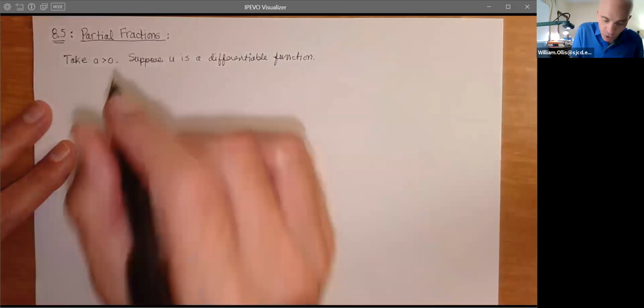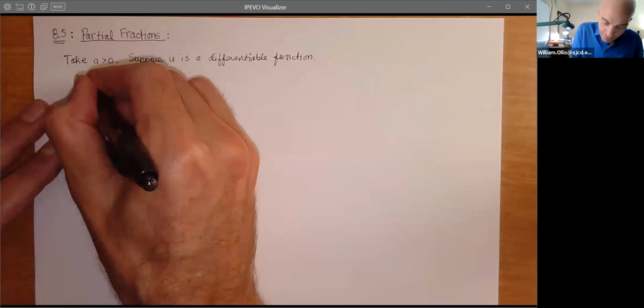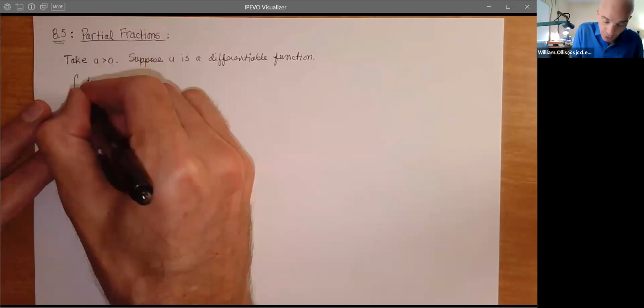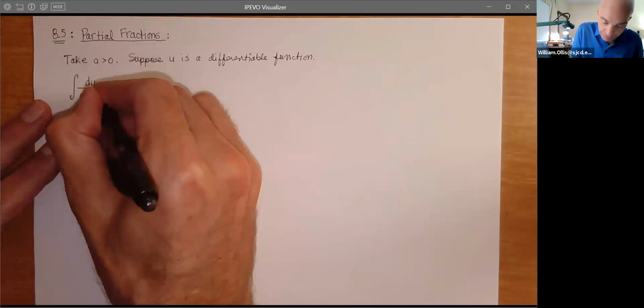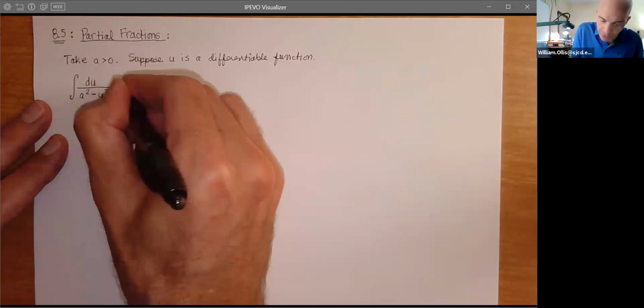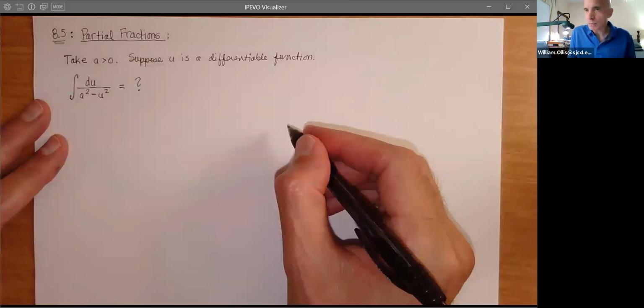So what I want to do is consider the following. Say we had the integral with respect to u of 1 over a squared minus u squared. Now, you might be looking at this and say, well, we could use a rigged trig sub.